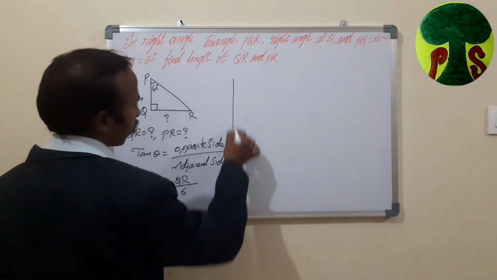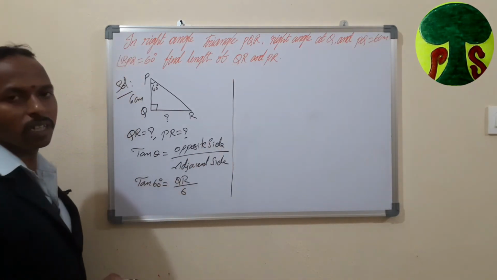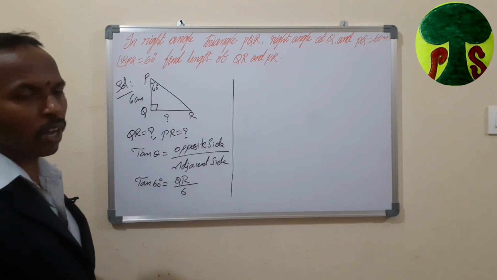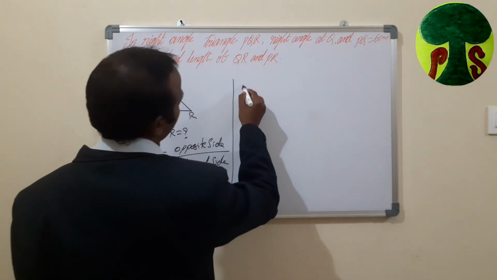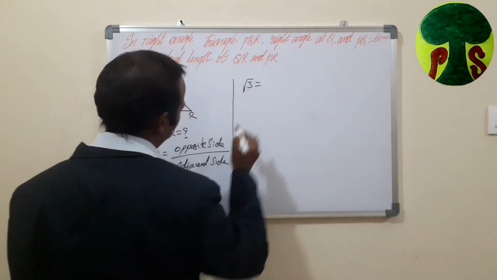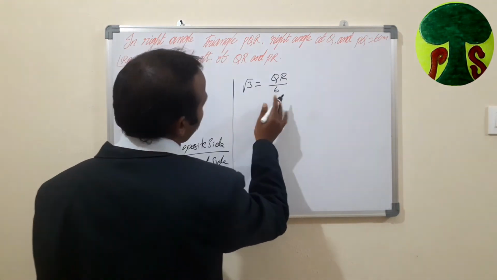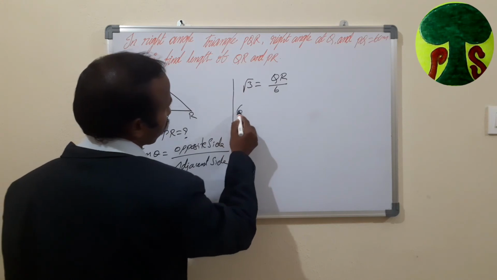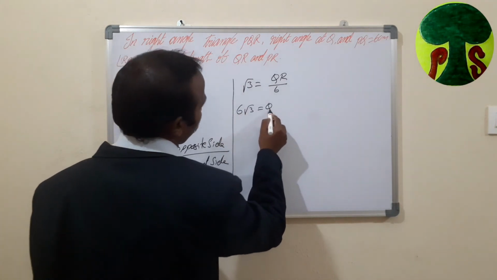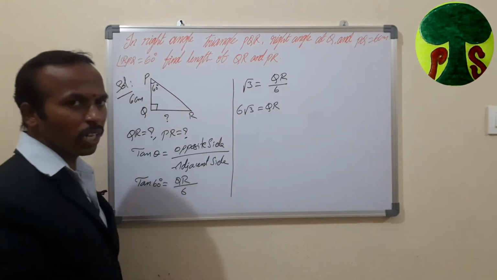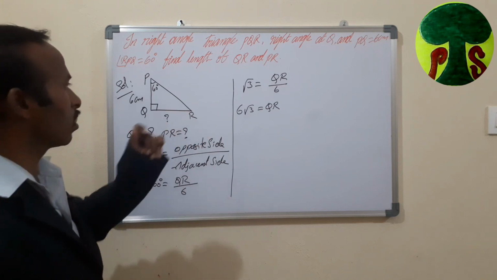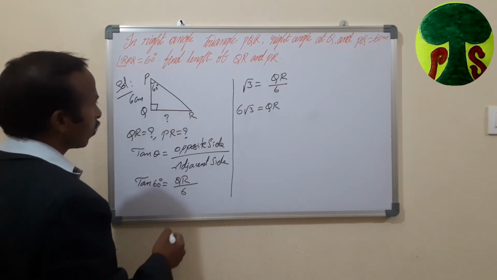Now tan 60, we already learned the value of tan 60 is root 3. Root 3 equals QR by 6, cross multiplication, 6 root 3 equals QR. Finally we got the length of QR is 6 root 3.